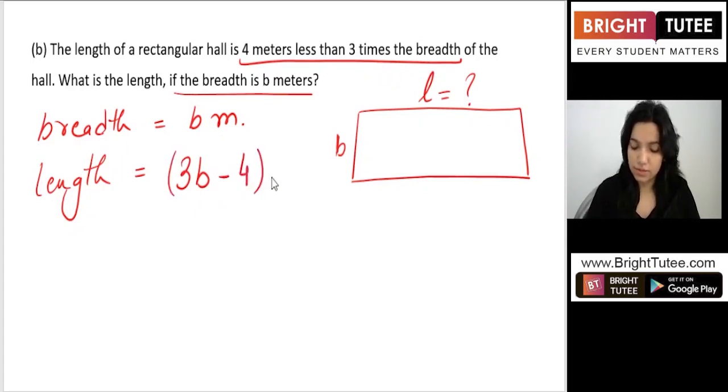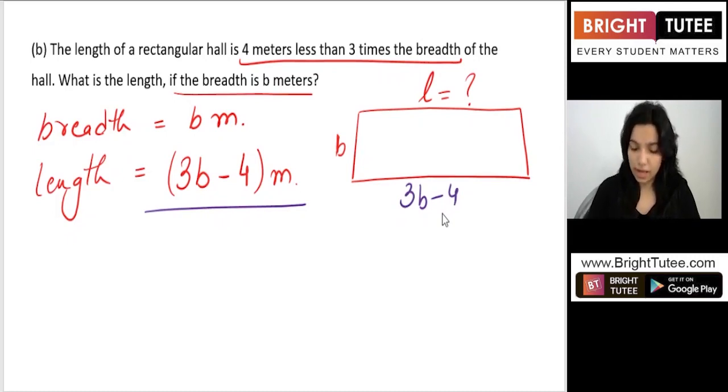So this answer is again in meters, right? So what is the length? So we have calculated the length, that is 3b minus 4, which is in meters, right? And we are writing the length with respect to the breadth.